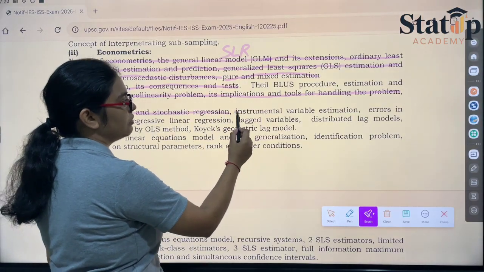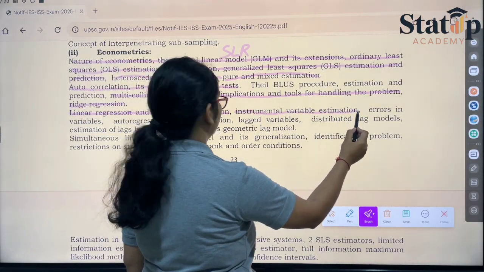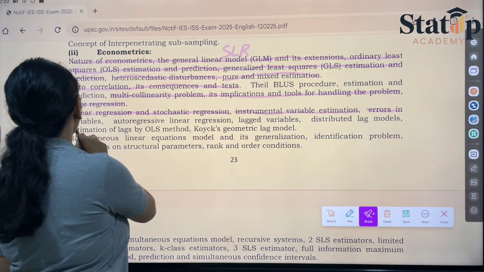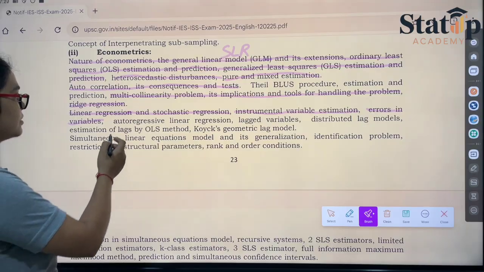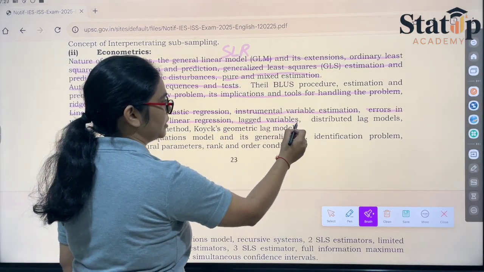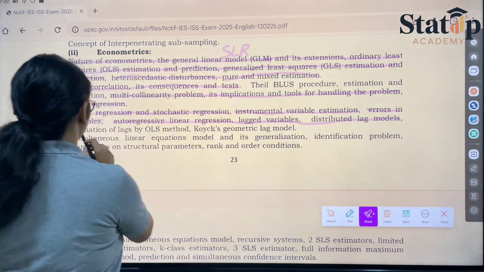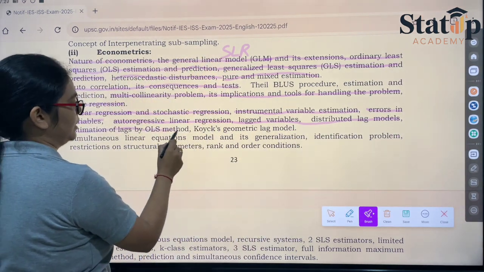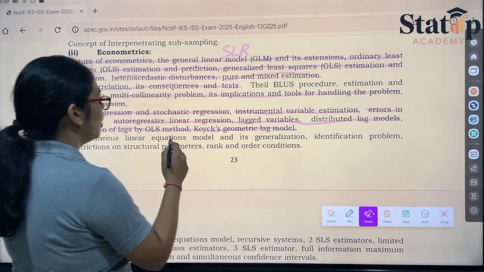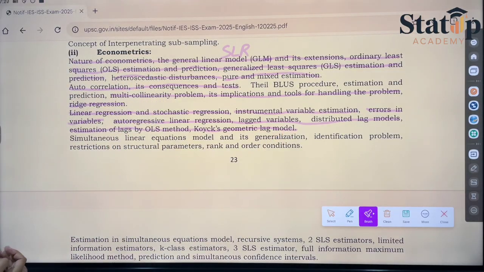Then the instrumental variable technique, this we did in yesterday's class also. Errors in variables, this we did in today's class. Autoregressive linear regression, lagged variables, distributed lagged variables, estimation of lag by OLS estimation, Koyck geometric lag model. All of these four five topics we have completed in today's class.